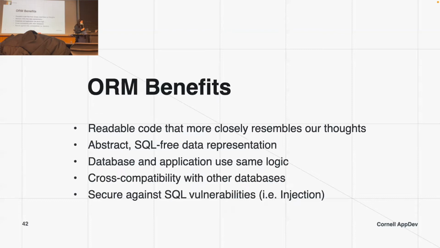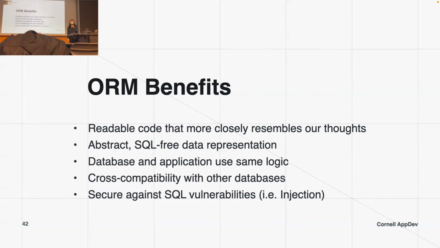The benefits of using an ORM are that it's very readable, a lot more human friendly, and it's not as messy as SQL. There's not as much going on with all the keywords and stuff. Your database and application basically use the same logic. It's also compatible with other databases.